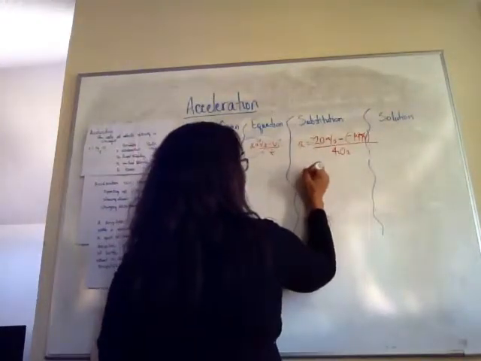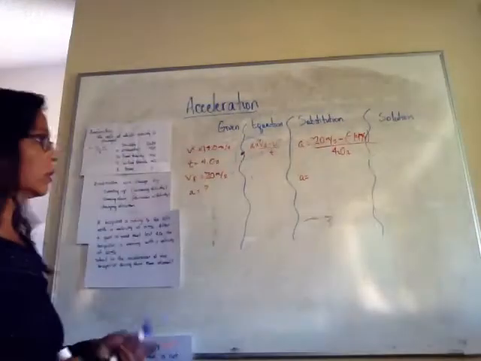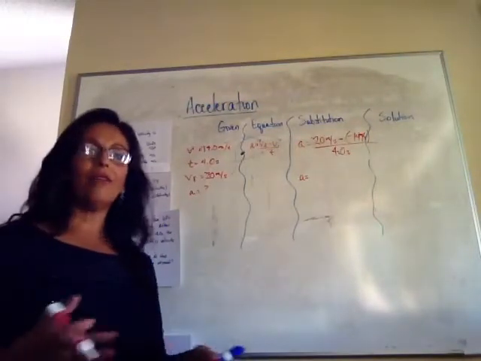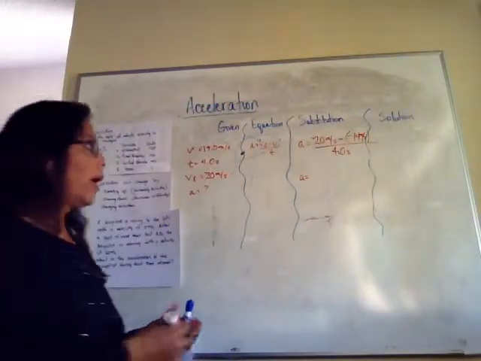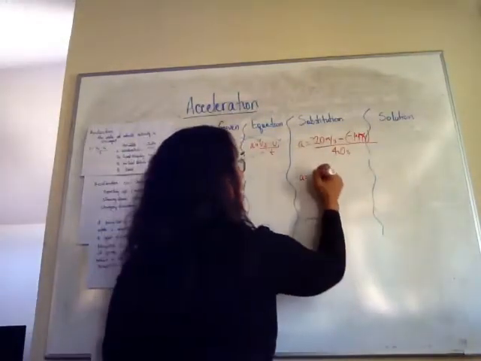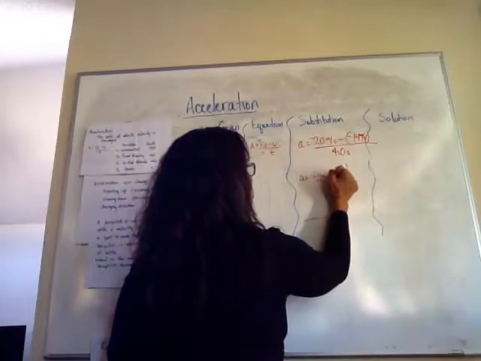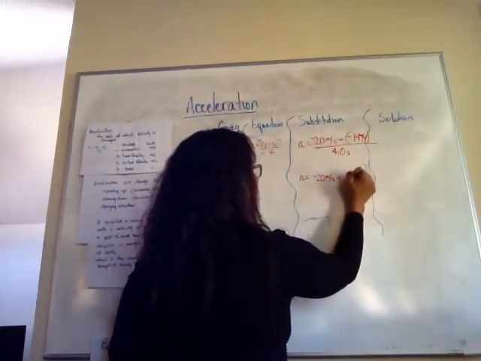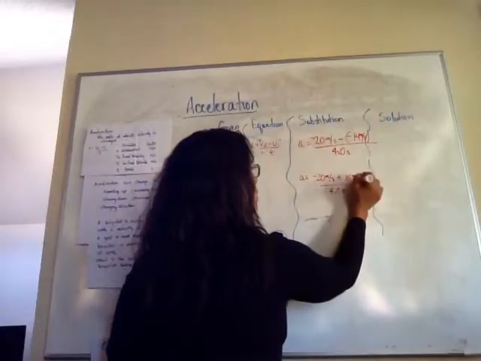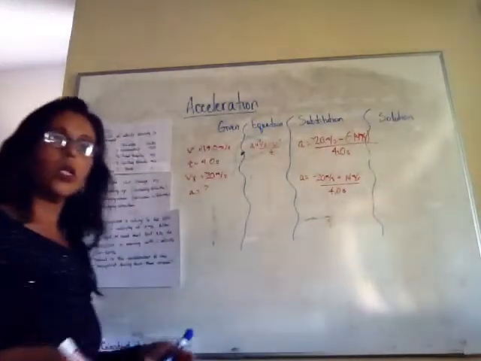So if we continue our substitution, I have negative 20 minus a negative 14. So I end up with a positive number here, so it's negative 20 meters per second plus 14 meters per second over 4.0 seconds. Again, we continue with our math.